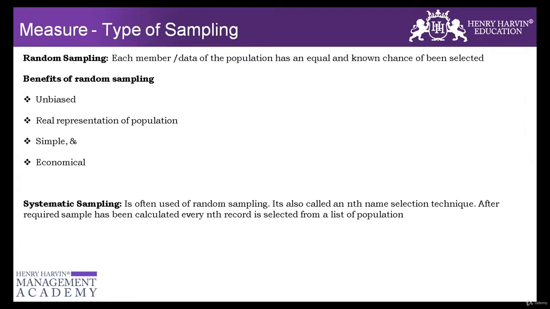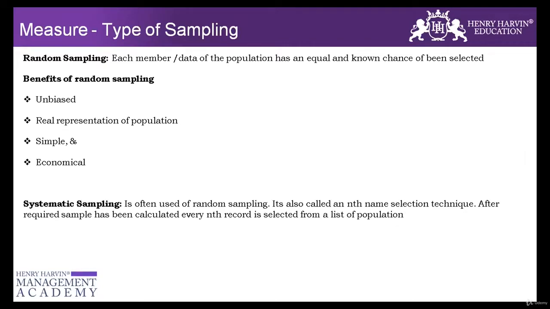In that case we will not consider random sampling, because we have just randomized it, but not ensured that we have taken samples from each and every department, unit, product, geographical region, shift, etc.